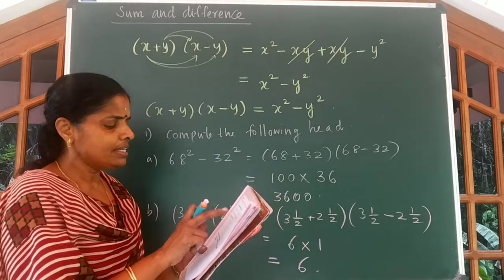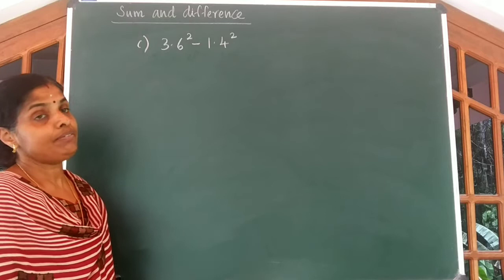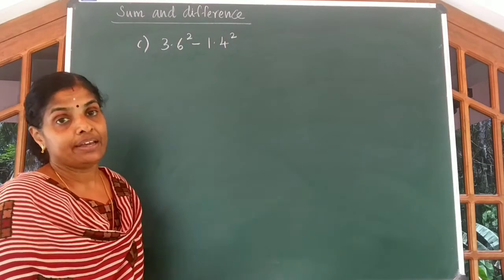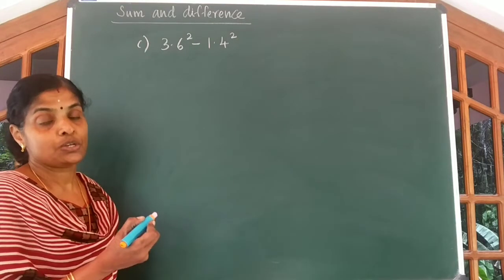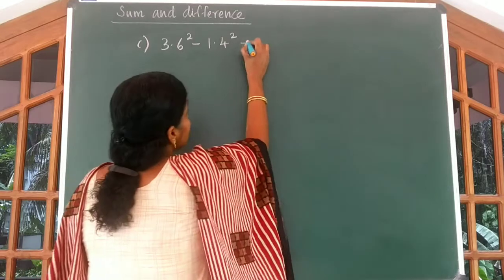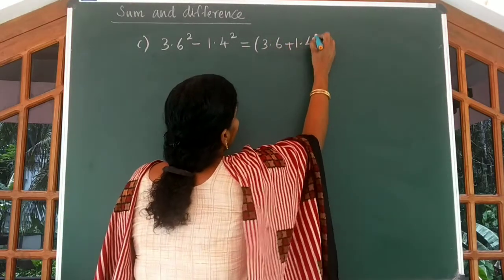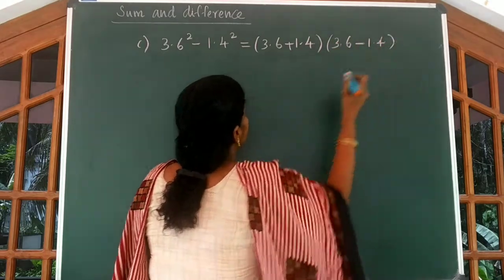Look at the C part of the question. C part, you have 3.6 square minus 1.4 square. Again this is of the form x square minus y square. So you can write it as (x plus y), that is 3.6 plus 1.4, into (3.6 minus 1.4).